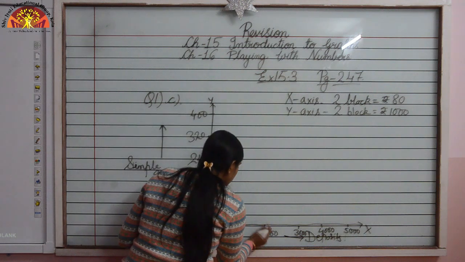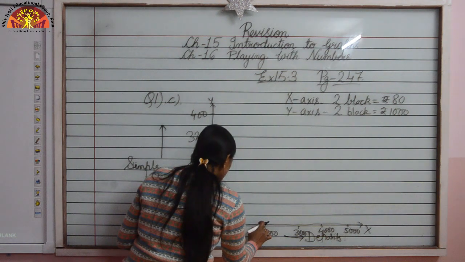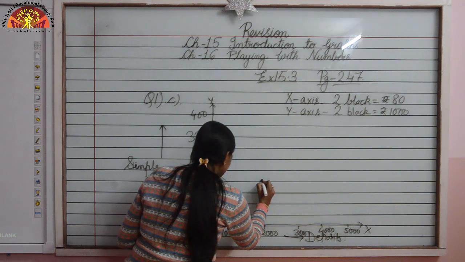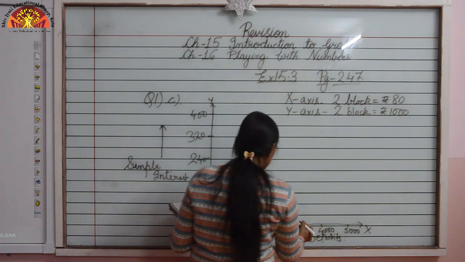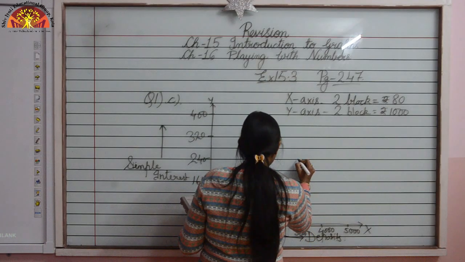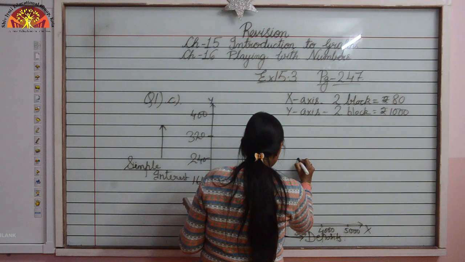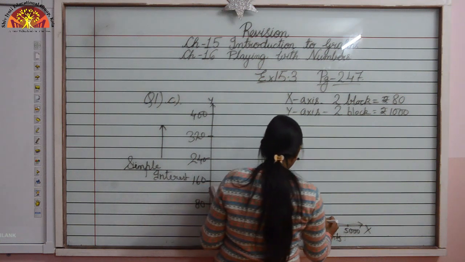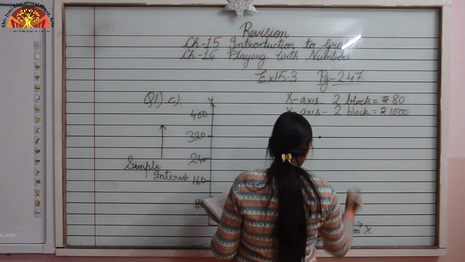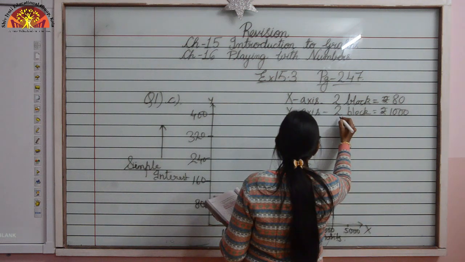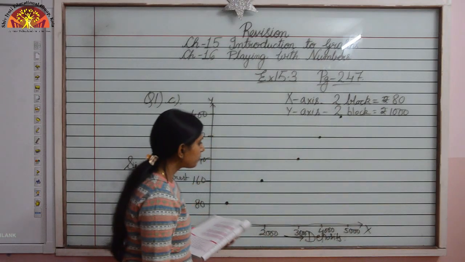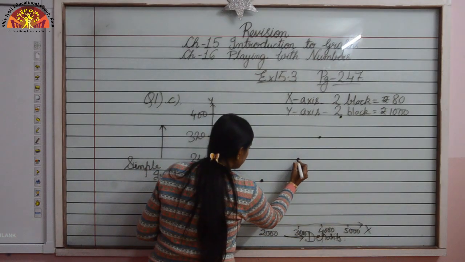Similarly, for deposits of 3000, the simple interest is rupees 240. For rupees 4000 it is 320, and for deposits of rupees 5000, the simple interest is rupees 400. Okay, now you can join the points, children.